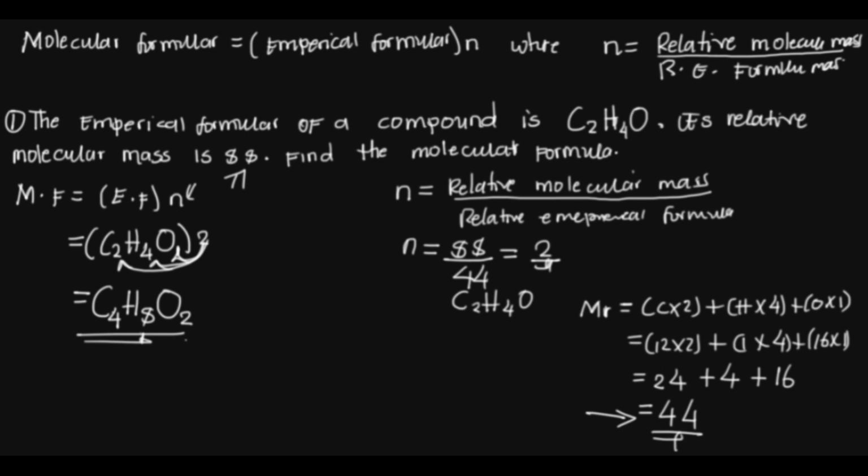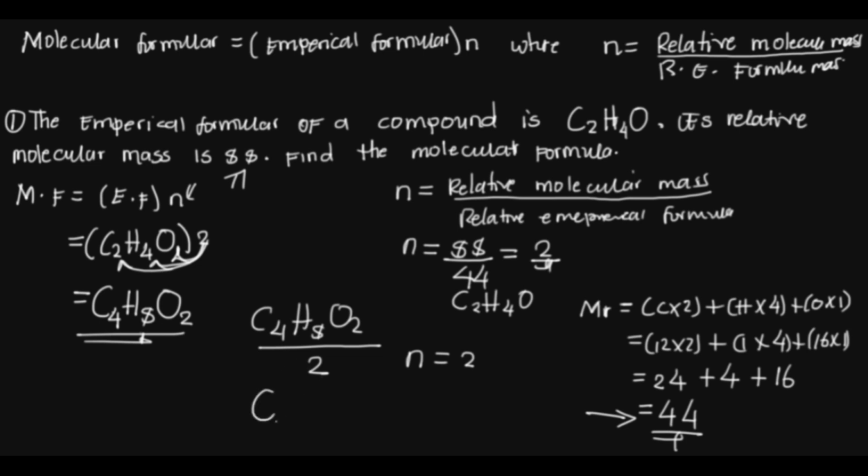Then if we have been given the molecular formula, and we want to find the empirical formula where the value of n is given, let's say n is equal to 2 and the molecular formula is C4H8O2, you now divide by 2.